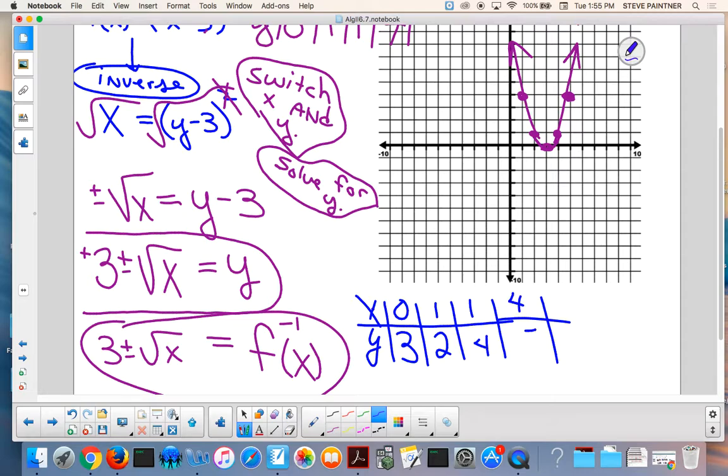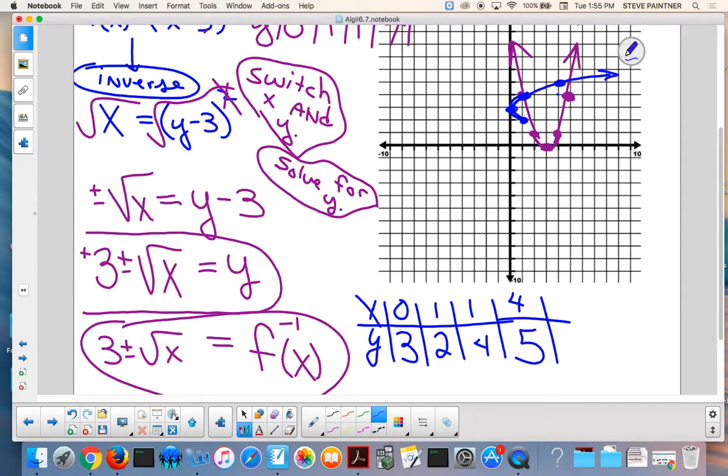Okay. So where's 0, 3? It's right here. 1, 2. 1, 4. See it? 4, 5. About here.